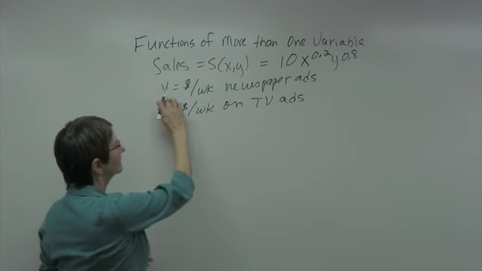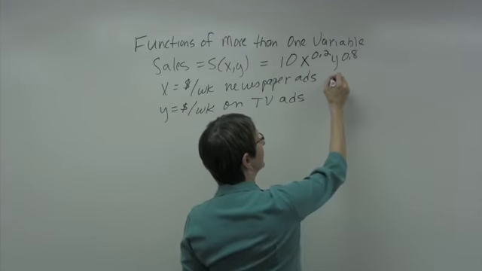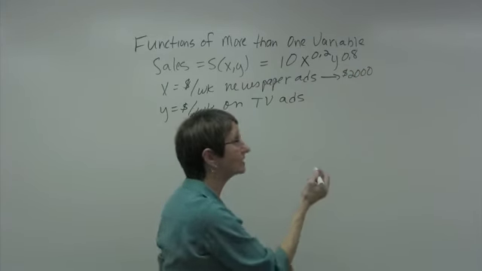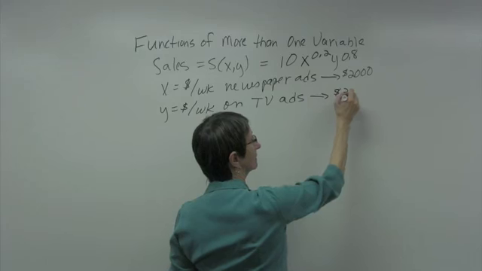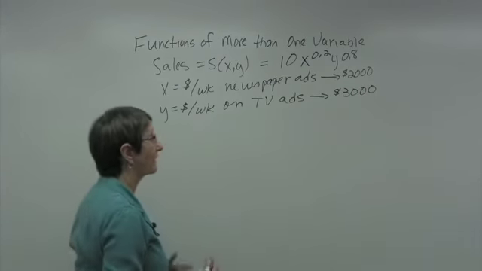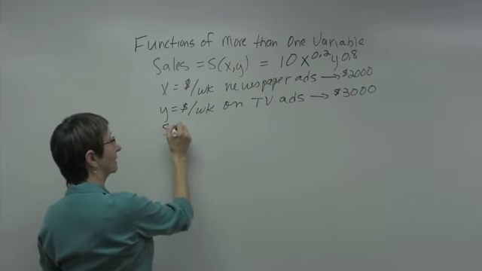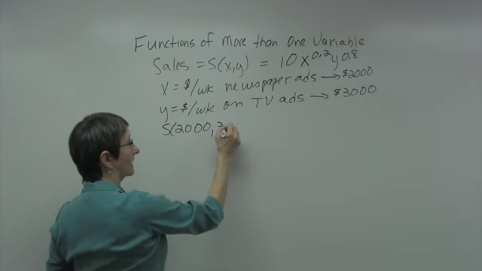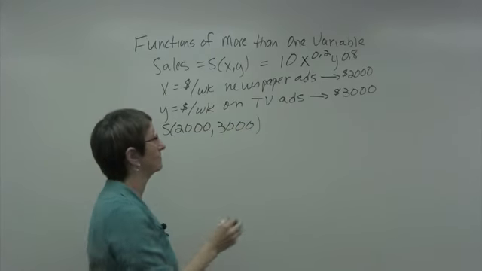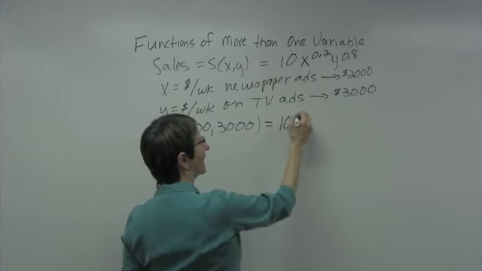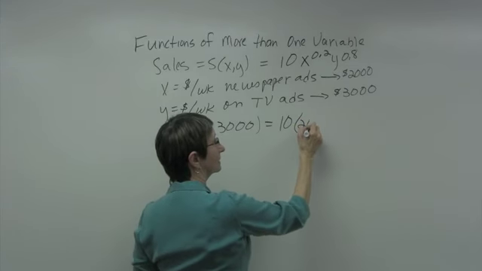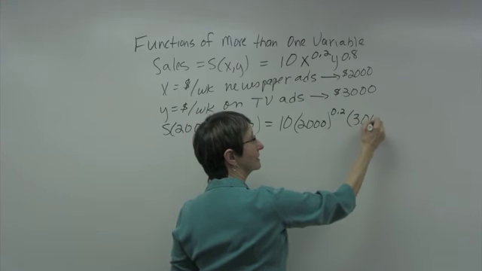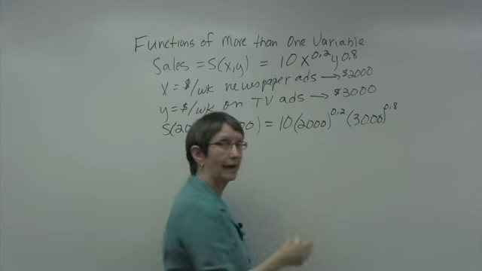Suppose that the company spends $2,000 on newspaper ads and $3,000 on television ads. Then to find the resulting sales, we would put S of 2,000, because the x is the first coordinate, 3,000 for the second piece, and we substitute. 10 times x, which is 2,000, raised to the 0.2 power, times y, which is 3,000, raised to the 0.8 power.